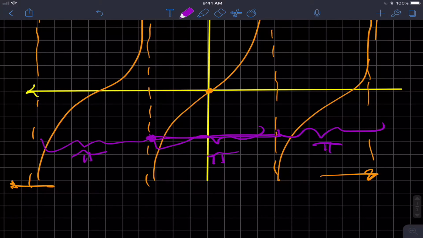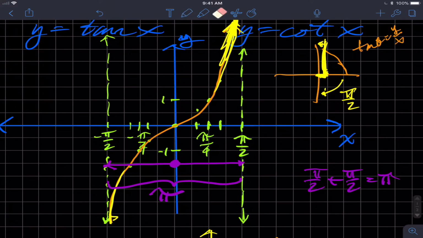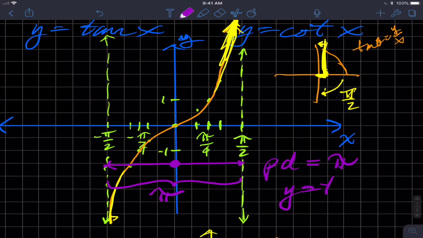Well, we have traveled from here to there, and then it repeated. And then we traveled from here to there, and it repeated. So the period of the parent function, tangent, is pi. And so that's different than the other functions.